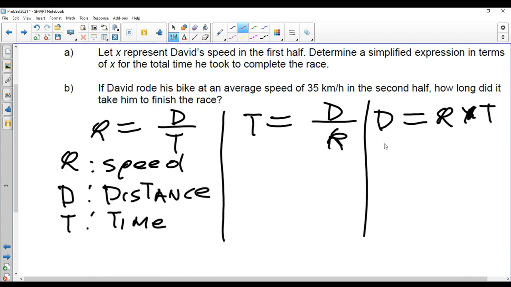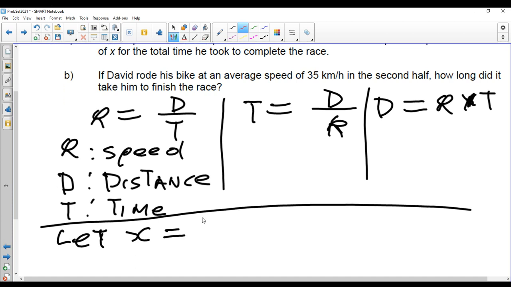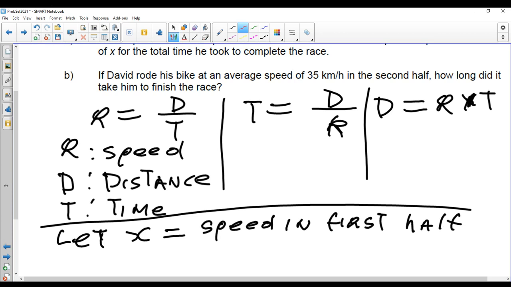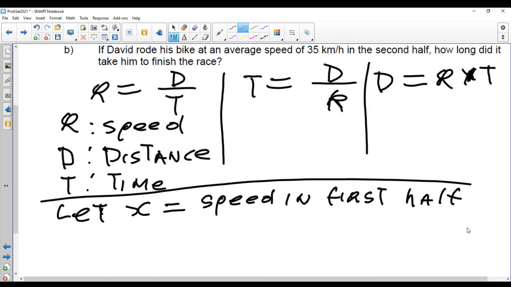And I'll write that down. I'll repeat what the question is saying. So let X equal speed in the first half. So what would his speed in the second half be then?